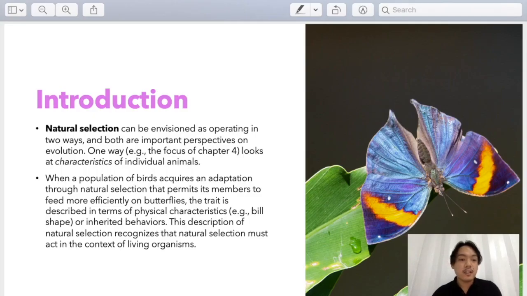So for the introduction, Darwin said that natural selection can be envisioned as operating in two ways. Both are important perspectives in evolution, and in one way, we will be looking at the characteristics of individual animals. You can see here on the right corner of this slide a beautiful butterfly.